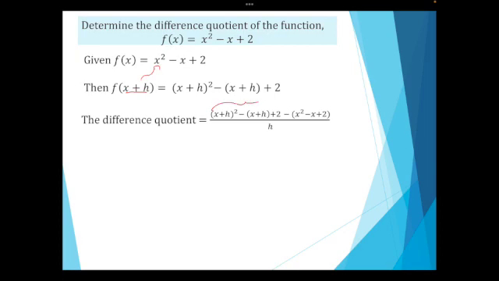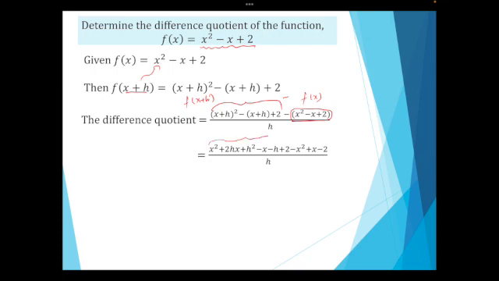The difference quotient will then be f of x plus h, take away f of x. Note that I will always use a bracket, especially when I've got an expression with 3 or 4 terms, or 2 terms, so that I know the sign, for example, minus x here will become plus x. Alright?